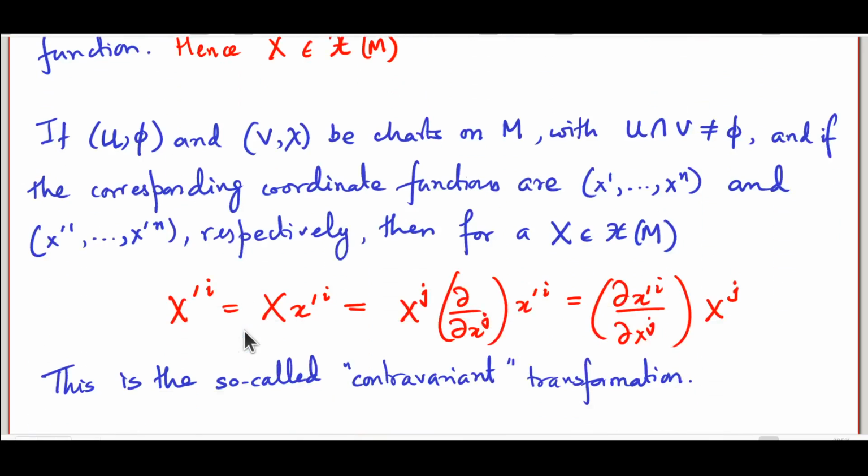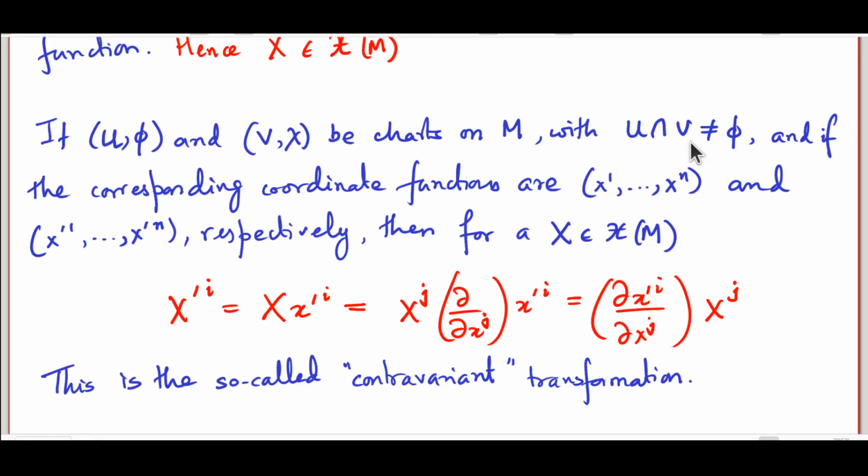Now comes one very important result, which is sure to be familiar to all the physicists. This concerns the way in which these component functions change when you go from one chart to another. So for this, let us consider two charts (U, phi) and (V, chi), which are both charts on M with a non-empty intersection of the domain.